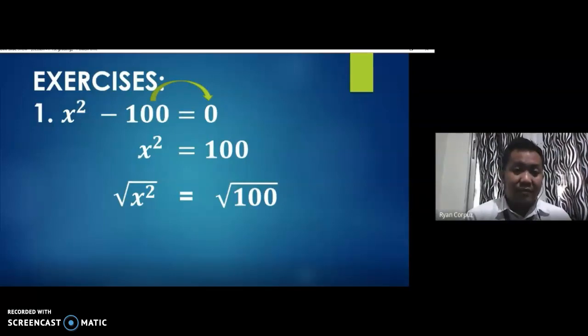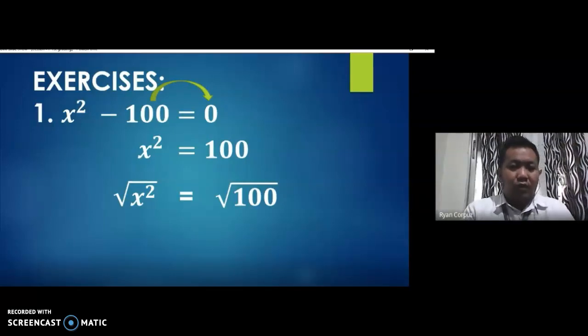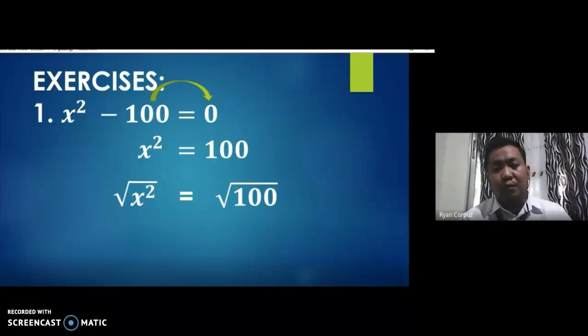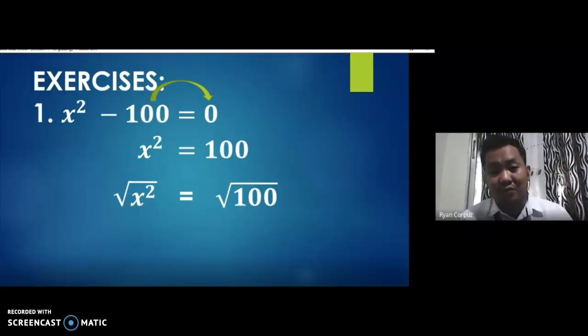But the usual that we know, when we get the square root of a certain number, especially if the given number is a perfect square, the usual answer that we give is a positive number. Say, for example, the square root of 100, we know that the square root of 100 is 10.